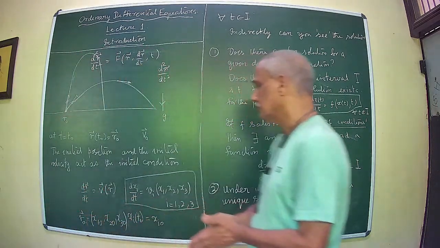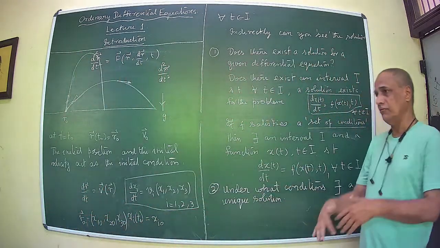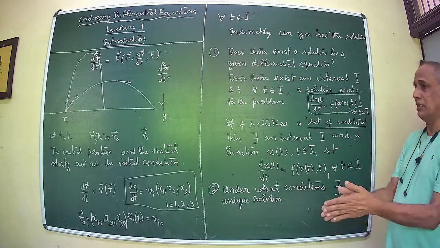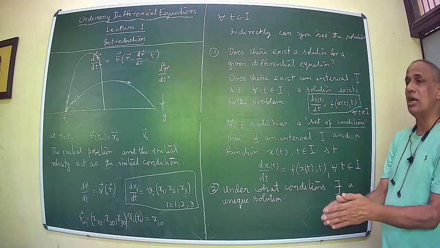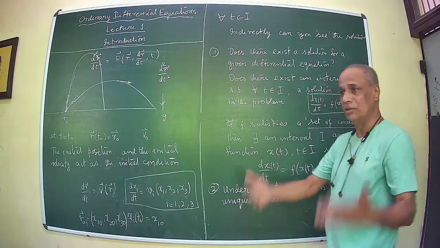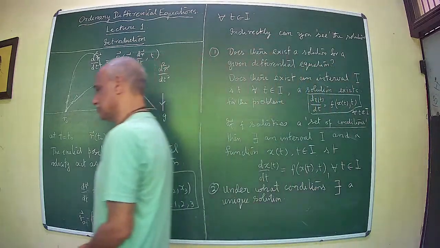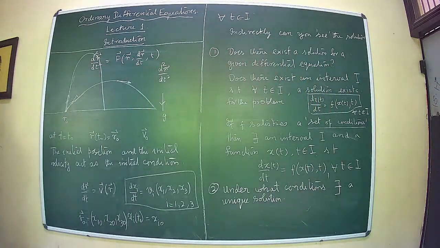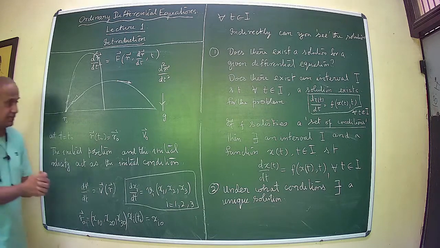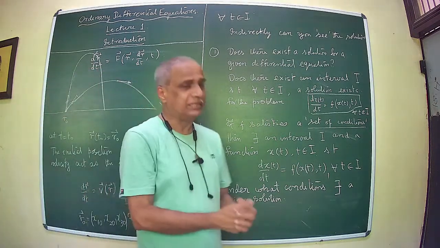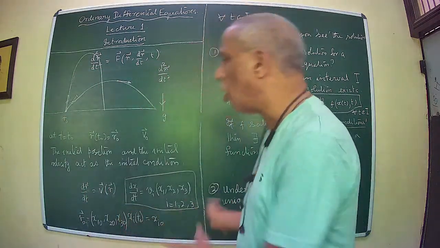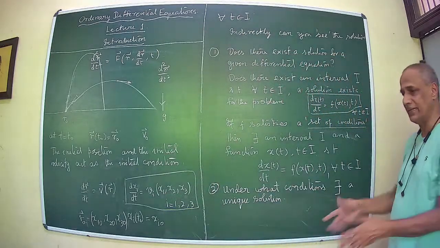Then the field into which you are launching the whole thing is also not exactly known but only approximately known. Therefore what you have is approximate values of all the things involved, and then you are solving it.